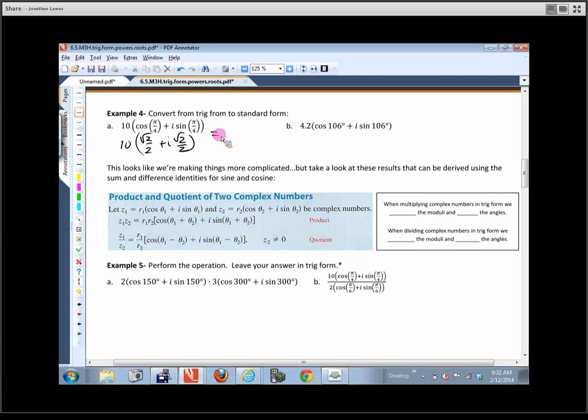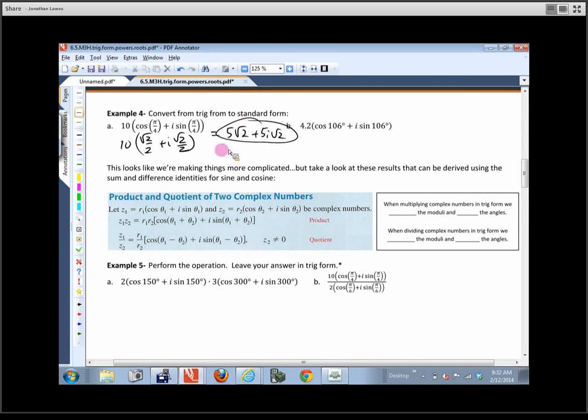So I'm going to cancel the 2 with the 10, so this is 5 radical 2 plus, what do I write? Remember the 10 and the 2 are going to cancel, so that's going to make a 5 again. So I'm going to write 5i radical 2, okay?